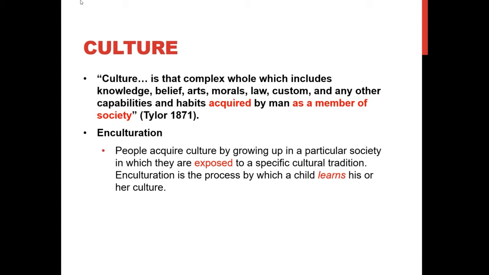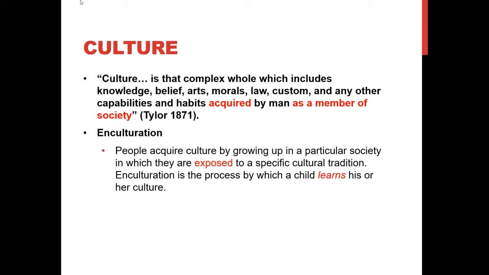Knowledge, belief, arts, morals, law, custom, and any other capabilities and habits acquired by man as a member of society. So you already have all those: knowledge, belief, arts, morals, law, custom. But more importantly, capabilities and habits acquired. Now this is very important: acquired. What does acquired mean? Acquired means learned. It means you got something, you learned something.